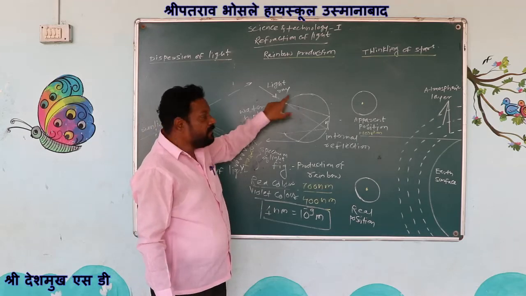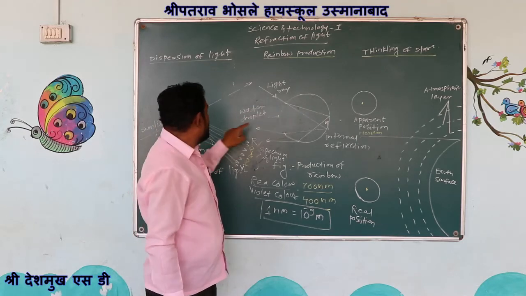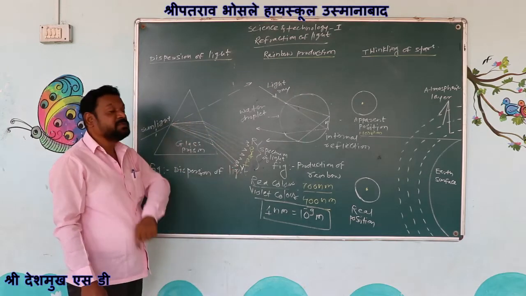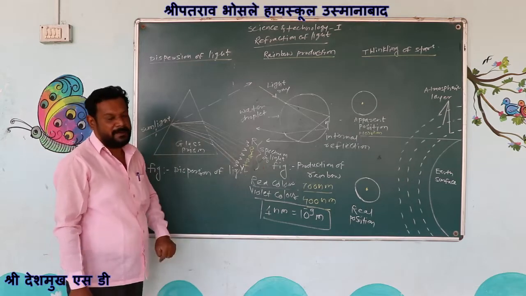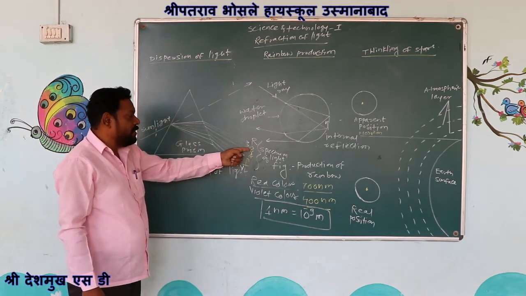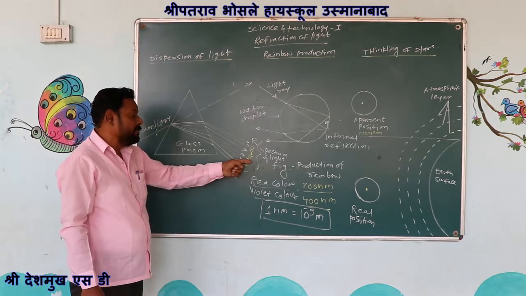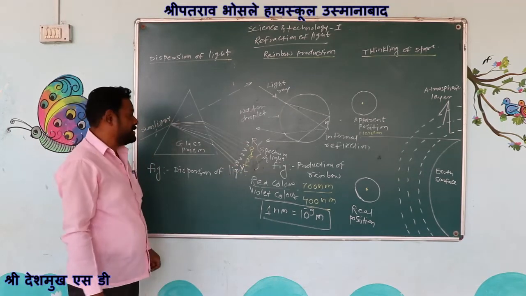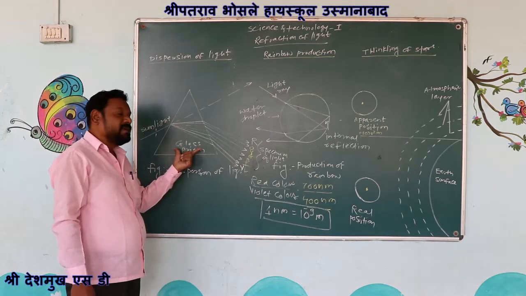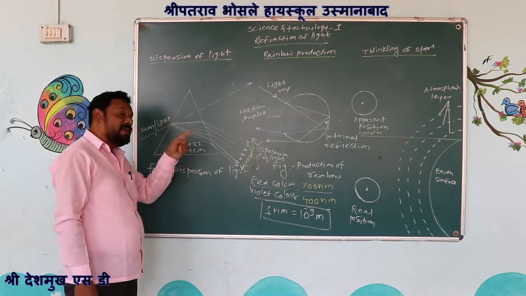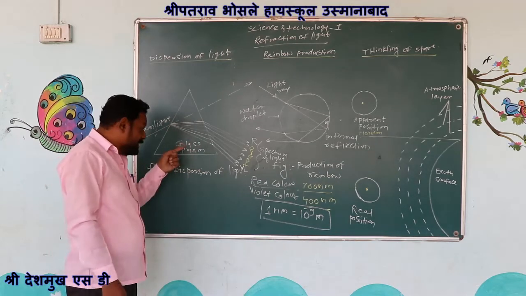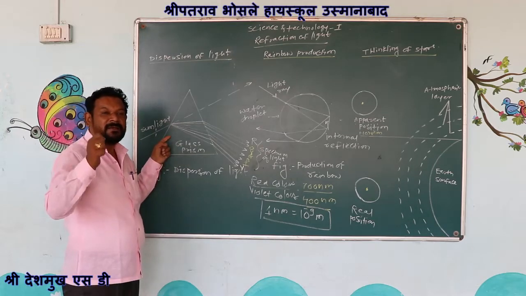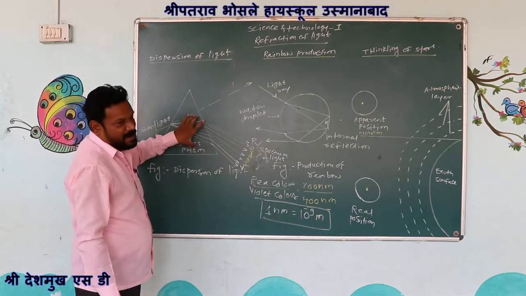If the rays of light enter a glass prism, what happens? The formation of seven colors is called the spectrum of light: red, orange, yellow, green, blue, indigo, and violet. All these are the spectrum of seven colors. Sir Isaac Newton was the first person to use the glass prism to obtain the spectrum of light.